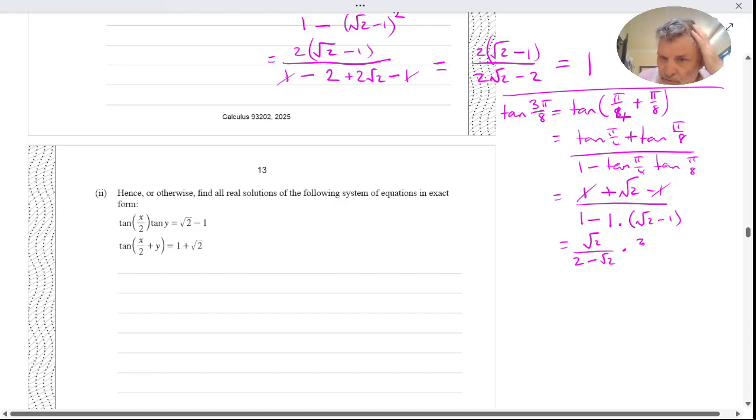As standard practice, we rationalize the denominator by multiplying by 2 plus root 2 over 2 plus root 2. That gives us 2 root 2, and root 2 times root 2 is 2, so that's 2 plus 2 root 2, and 2 times 2 is 4, minus root 2 times root 2 is 2, so that's going to be 2, so we're going to get 1 plus root 2 for the tangent of 3 pi over 8.